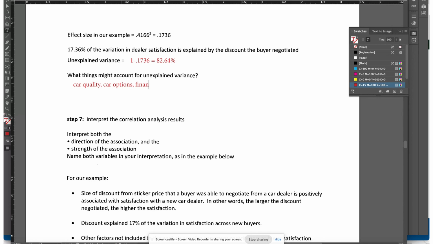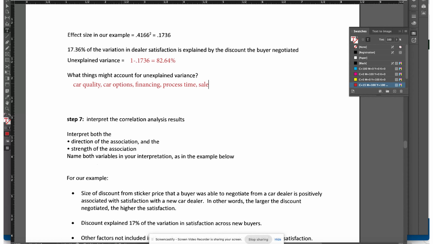And then financing. Certainly if you got 0% financing, or a good financing rate, that would have an effect on your satisfaction level. The process time, they don't make it easy, right? Even though you tell them you're really busy, you pretty much should just take the whole day off or the whole evening off if you want to buy a car.